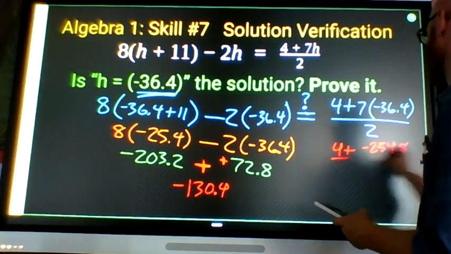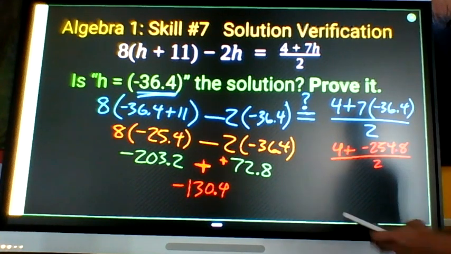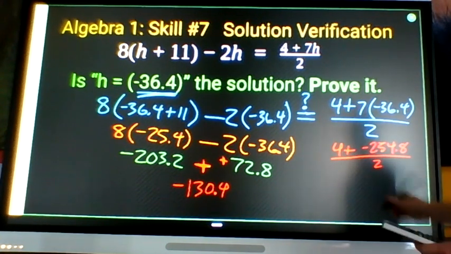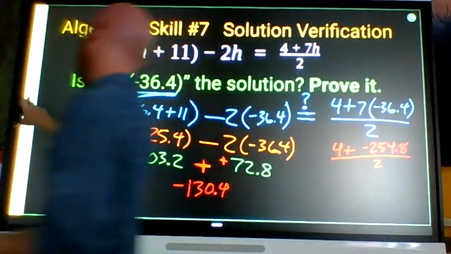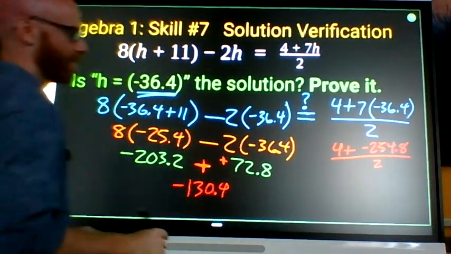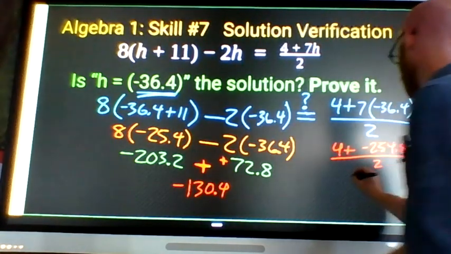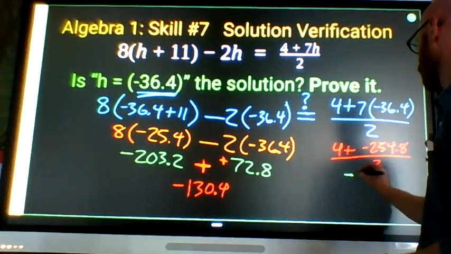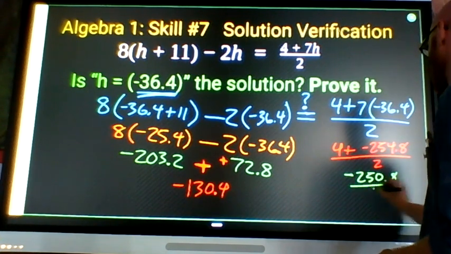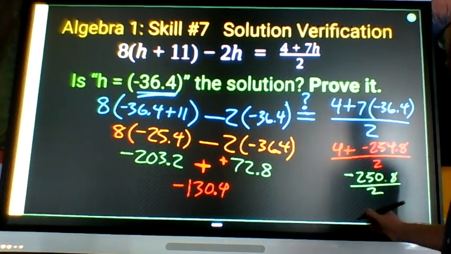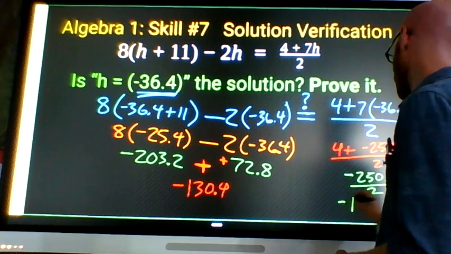All of that over 2. I'll do my addition. 4 plus this, it's going to be negative 250.8 over 2, which is going to be negative 125.4.